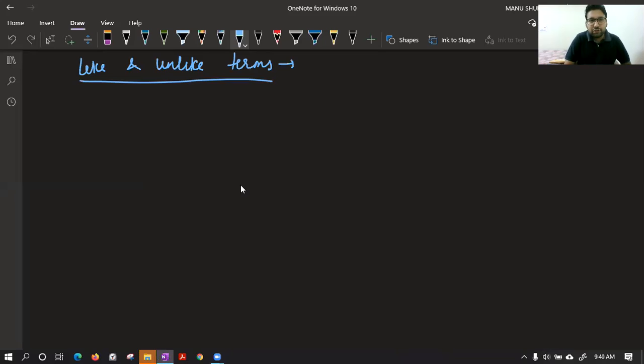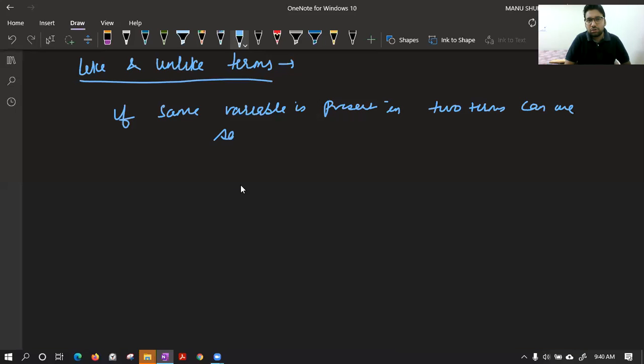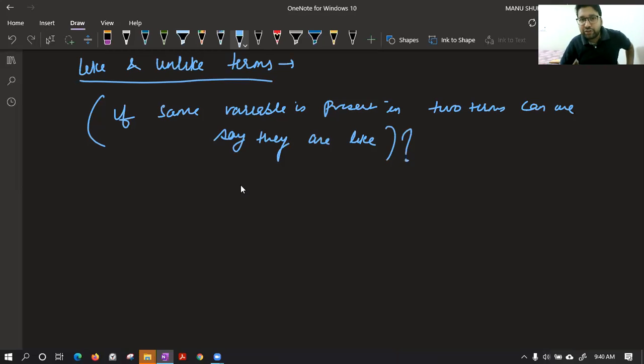If the same variables are present in two terms or expressions, can we say they are like? Class, please tell me, this is a question from my side or from Lavya's side. If the same variable is present in two expressions, can we say they are like?